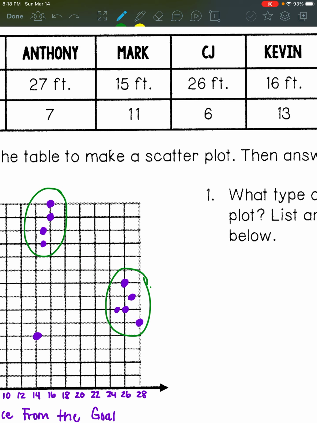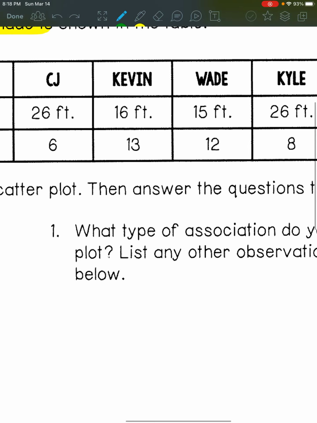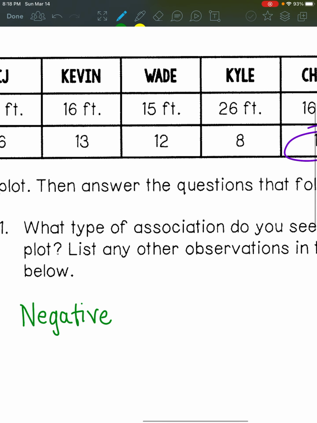So yes, it doesn't look like there's an association, but if we think about having those points there, there would be a negative association. And that also helps us when we think about, without even looking at the graph, like I said, if we increase the distance from the basket, the number of baskets you make is going to go down. So there's negative.